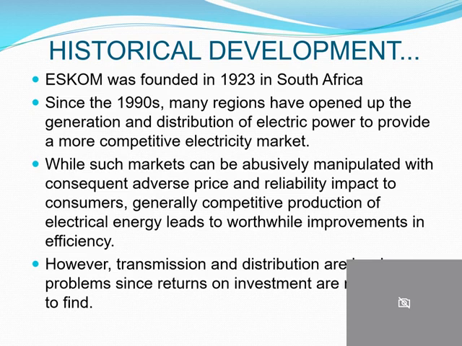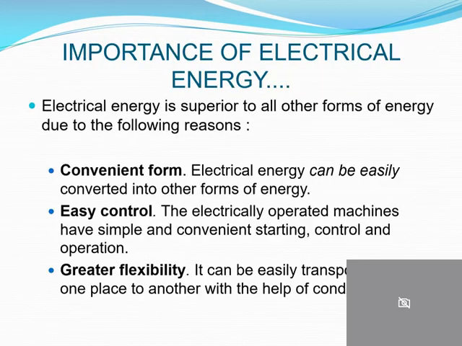We can stop the load shedding if we have more competitive people coming in and bringing electricity to us. Transmission and distribution, though, are harder problems since the return on investment on them is not as easy to find as in the generation sphere.